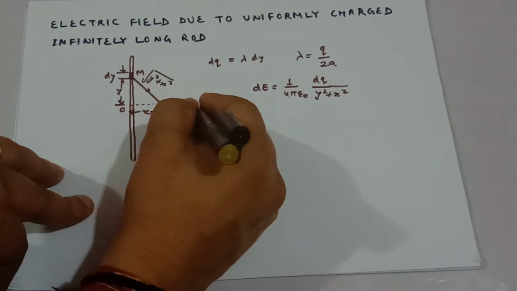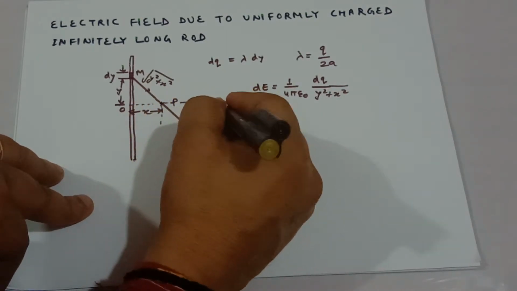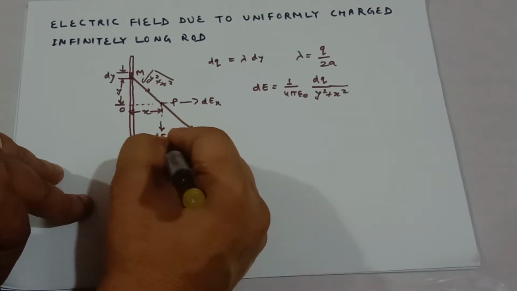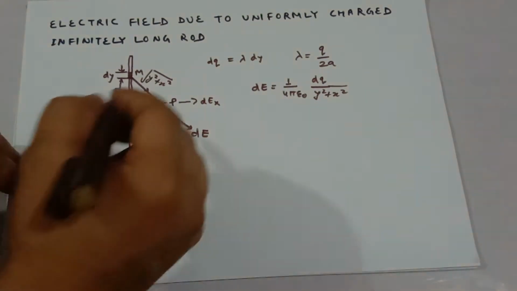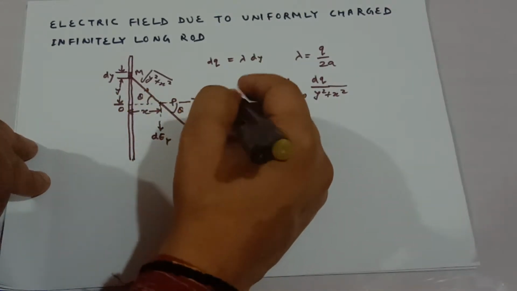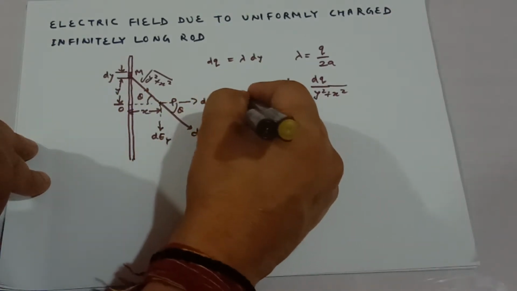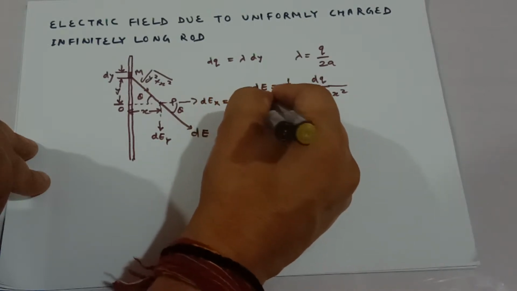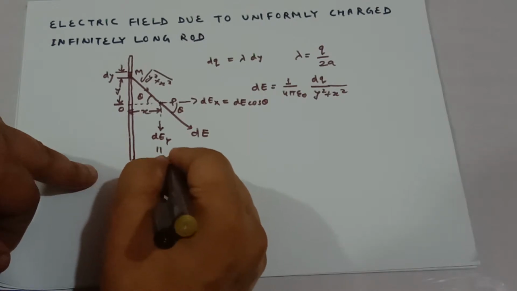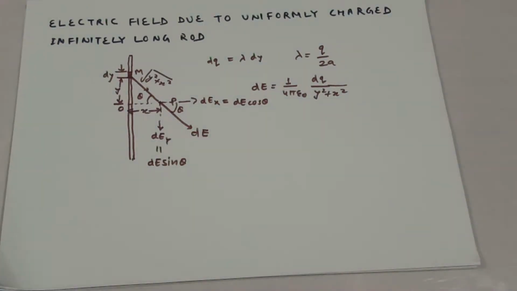One is along the x-axis, which is dE along x-axis, and another would be along the y-axis, which is dE along y-axis. If this is the angle theta, then dE along x-axis should be dE into cos theta. Likewise dE along y-axis should be dE into sin theta, right?